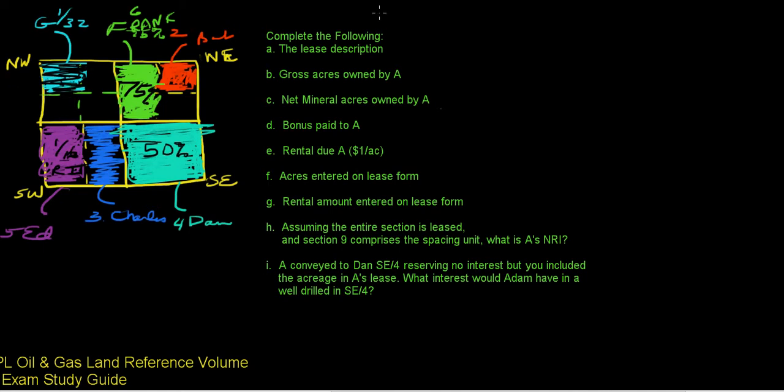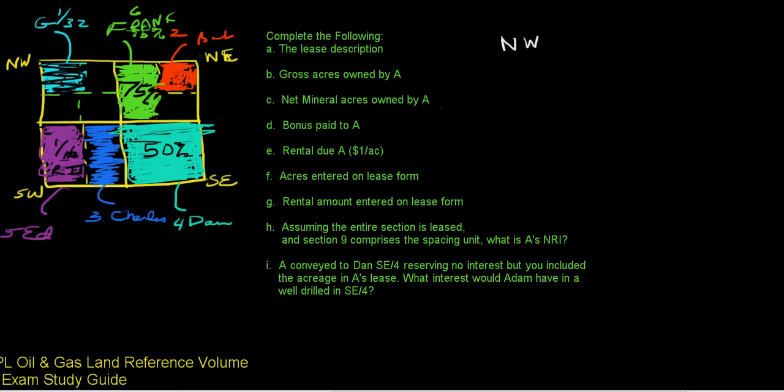Adam owns an interest. So the first area that we look at is this whole northwest quarter. So we're going to put the northwest quarter. Remember, Adam owns in here. He just conveyed a 1/32 to George. So that's going to be the northwest. And the next area is going to be the northeast.